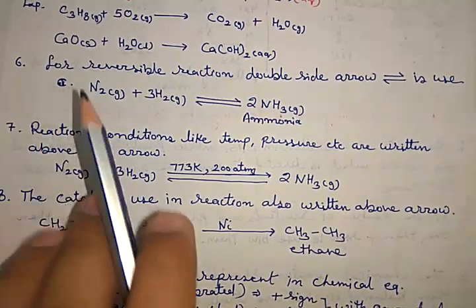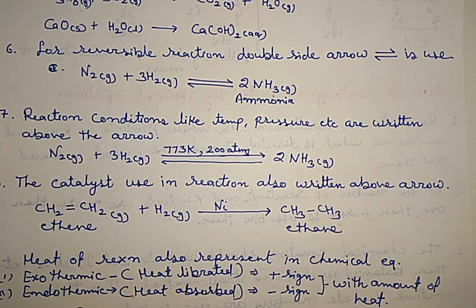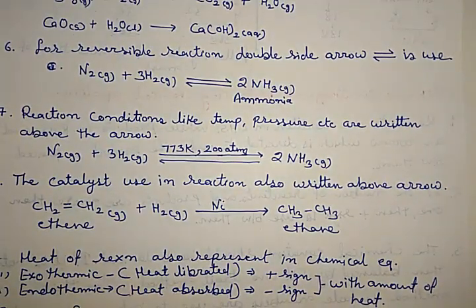Okay. Now the next point is the representation of reversible reaction. If it is an irreversible reaction, that means it only proceeds in one direction, then a single-sided arrow is used. But if the reaction is reversible, that means reactants convert into products and products convert into the reactants again, they are known as reversible reactions.